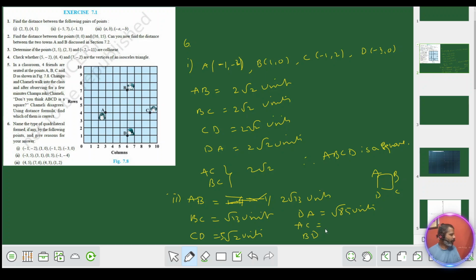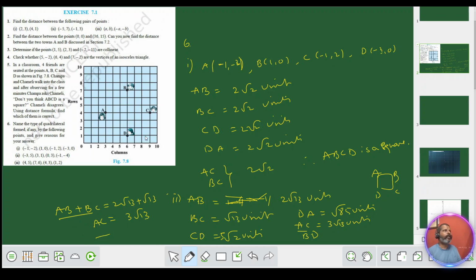AC, AB plus BC, you will get 3 root 13 units here. By observing these values, AB plus BC, that is 2 root 13 plus root 13, becomes 3 root 13, which is your AC.